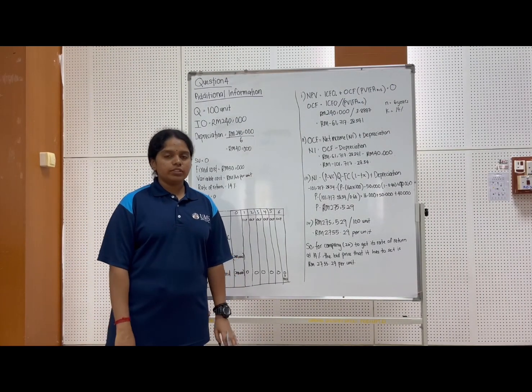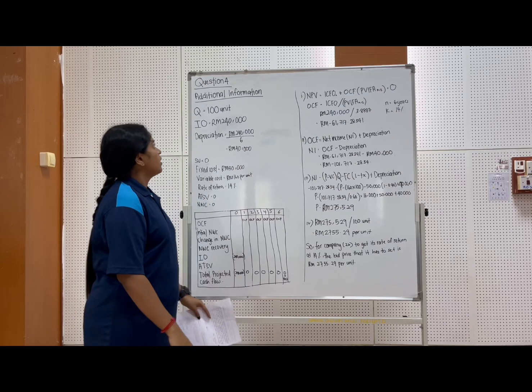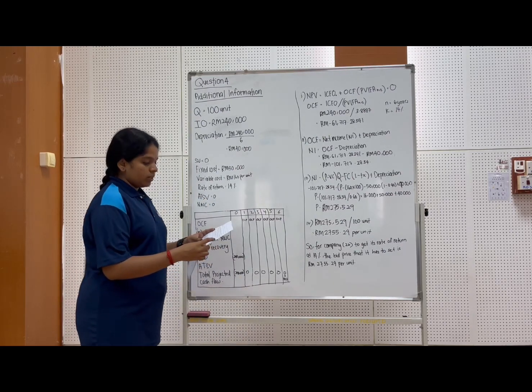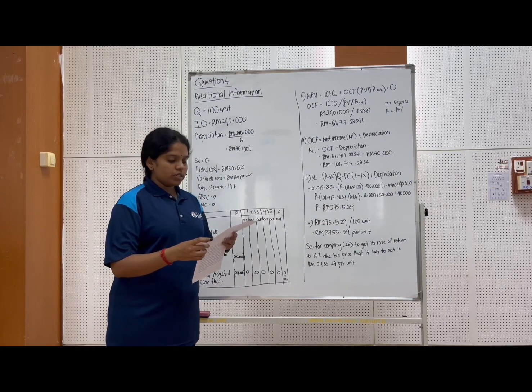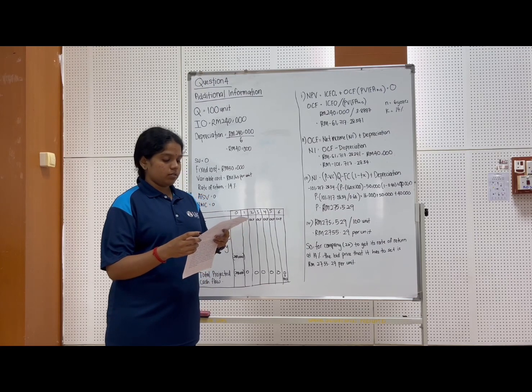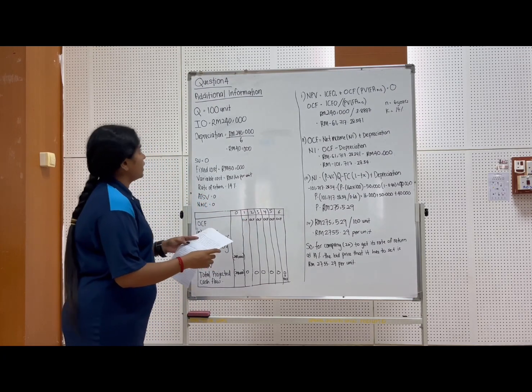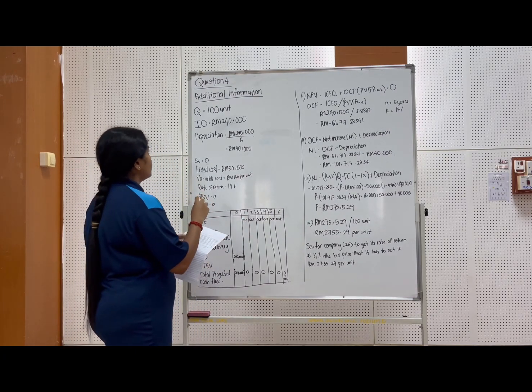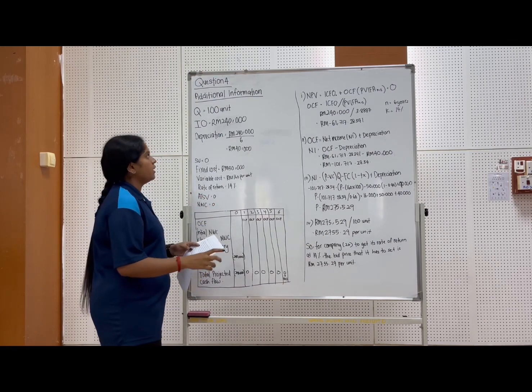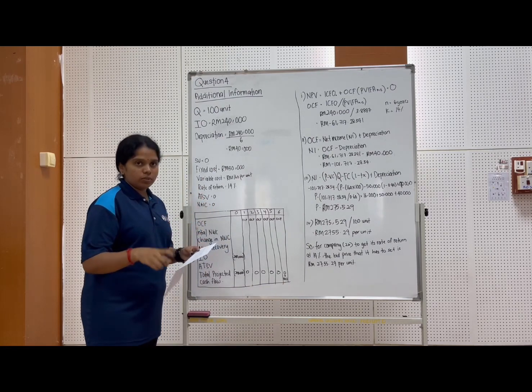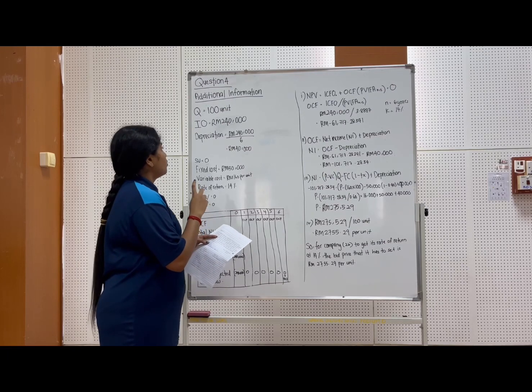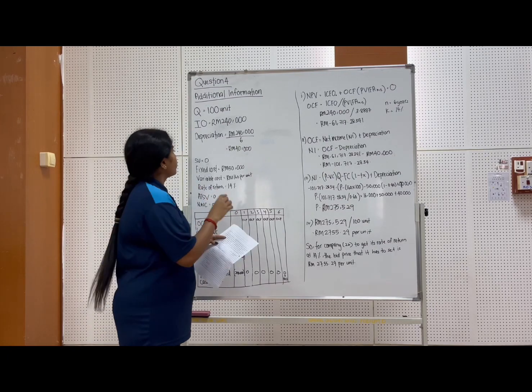Let's move to question 4B. The question asks what bid price you should set for the contract. The additional information: Q is quantity, 100 units. IO is initial outlay, which is stated as 240,000.